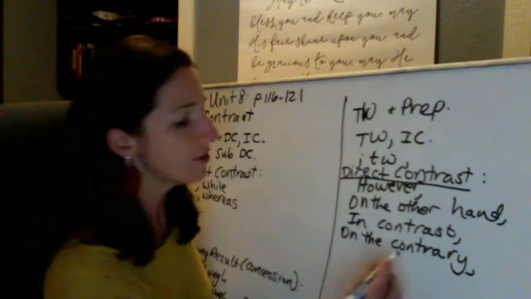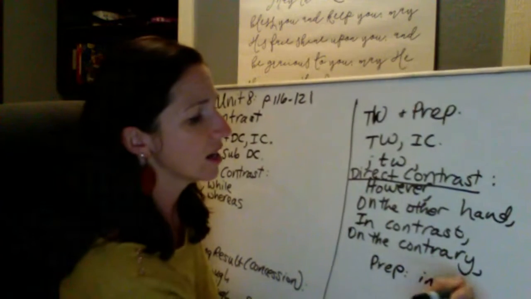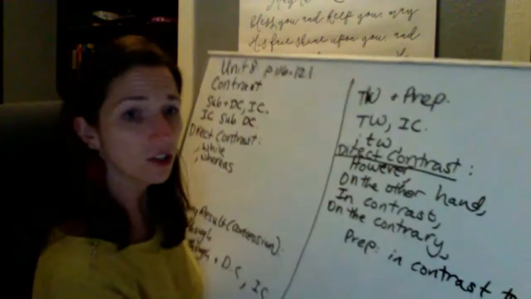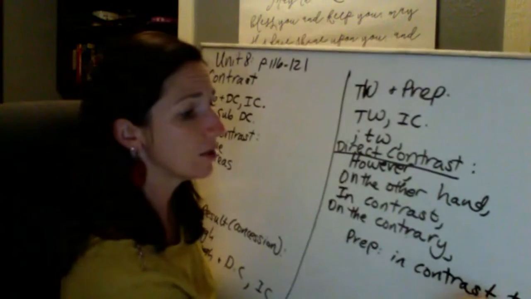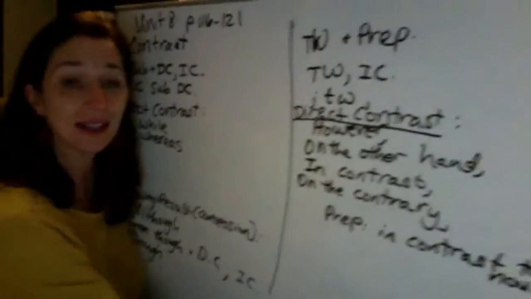We do have one preposition in this group. It's in contrast to. And remember, a preposition is always followed by a noun. In contrast to my sister, comma, coming to this side.